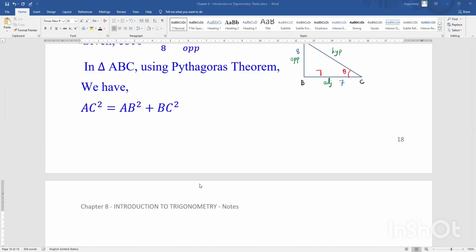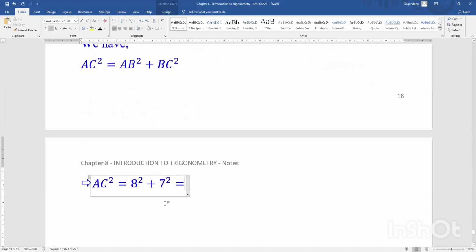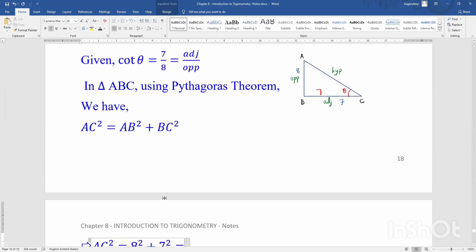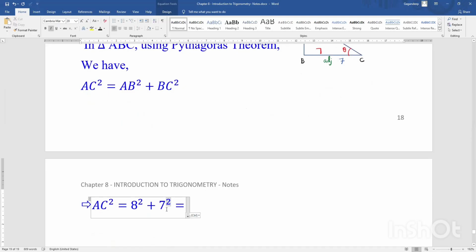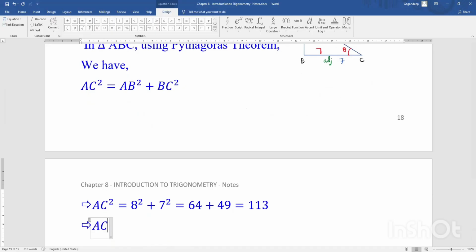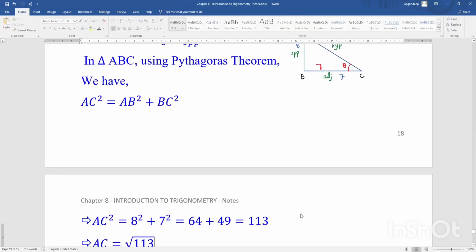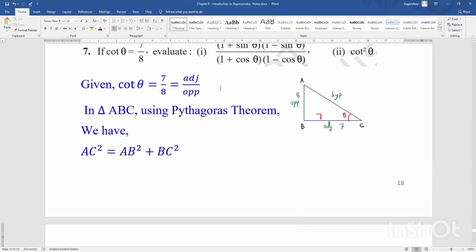Then in my next step, I'm going to write AC square is equal to AB is 8 and BC is 7, so 8 square plus 7 square. So 8 square is 64 plus 7 square is 49, which will give you 113. So that means in my next step, I write AC will be equal to square root of 113. Okay, so let me put the AC value as root 113.